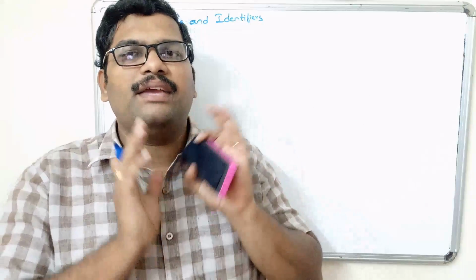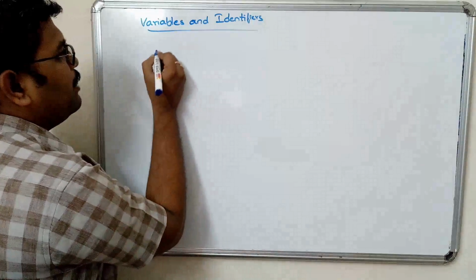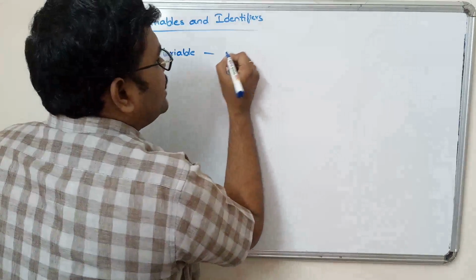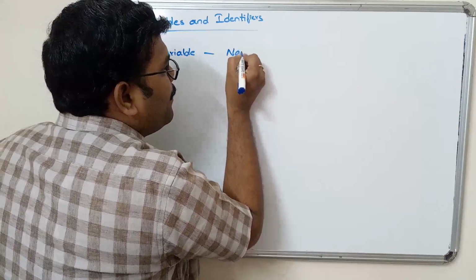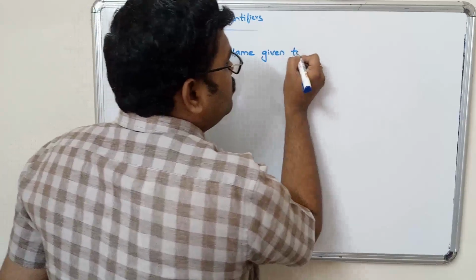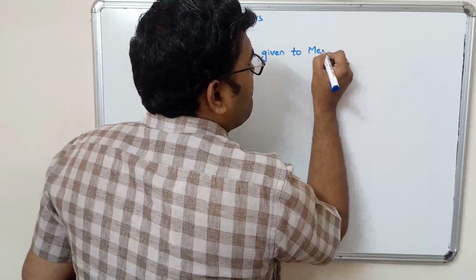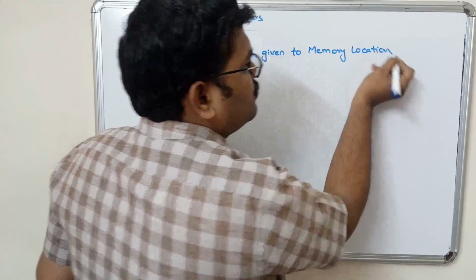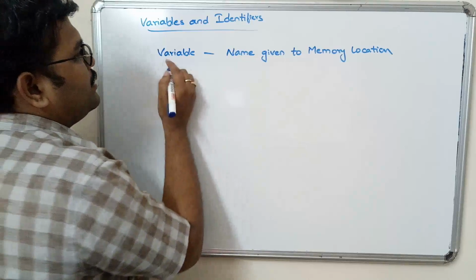For everything we give some name, and by using that name we identify that particular object, class, function or variable. So a variable is a name given to a memory location, right?